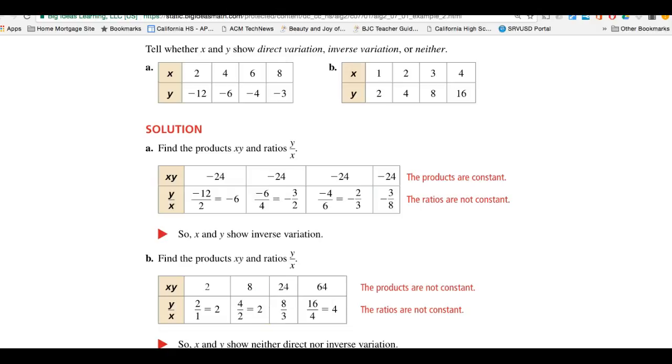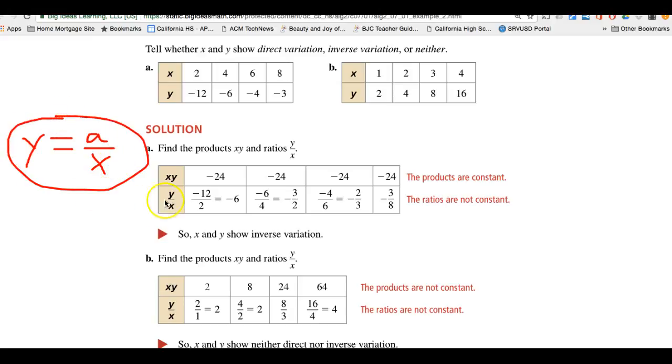So to summarize these types of problems, what you're looking for are the ratios and products. When you're given a table of points, you take the product of the points to see if they're constant, and the ratio. If the product is constant, it means you have inverse variation.